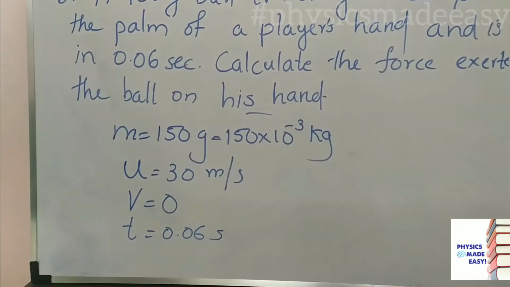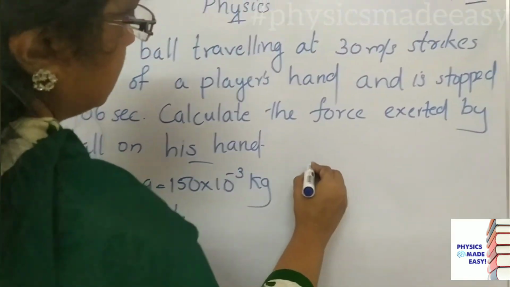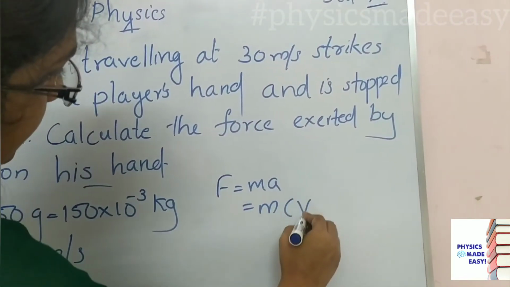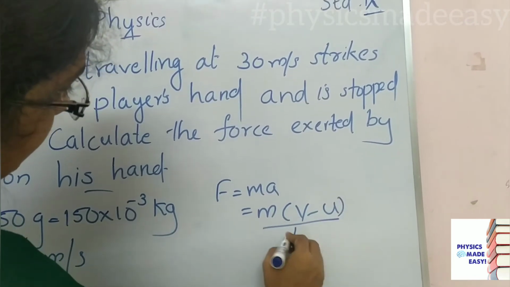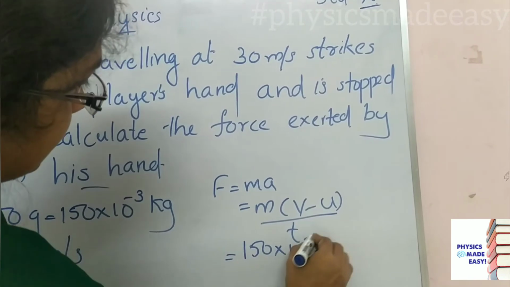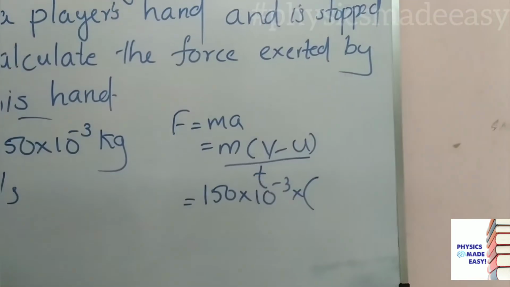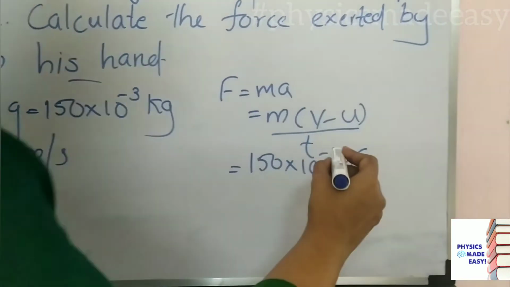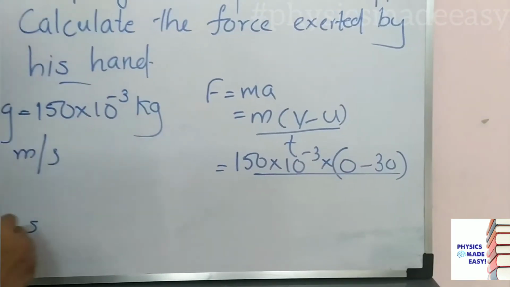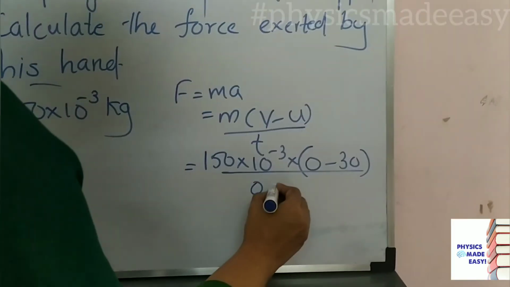Then calculate the force. Force is equal to m into a, m into (v minus u) the whole divided by t. Then 150 into 10 raised to minus 3 into, in brackets, 0 minus 30, the whole divided by time given as 0.06.